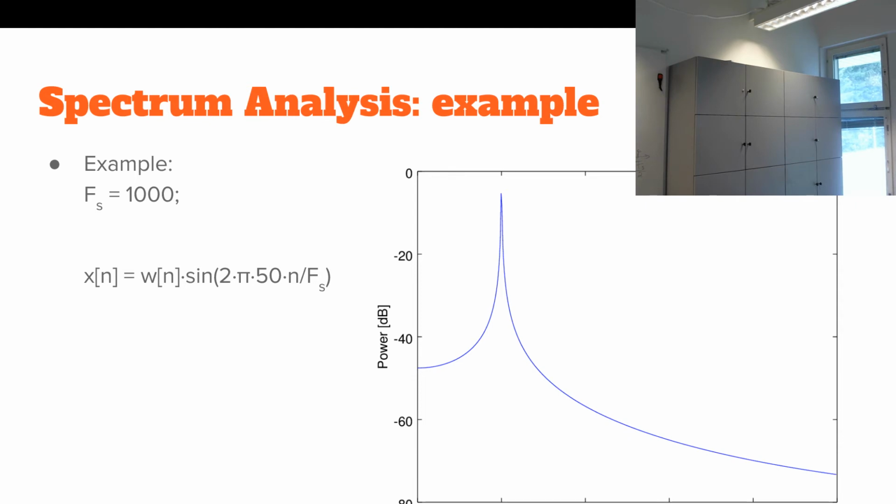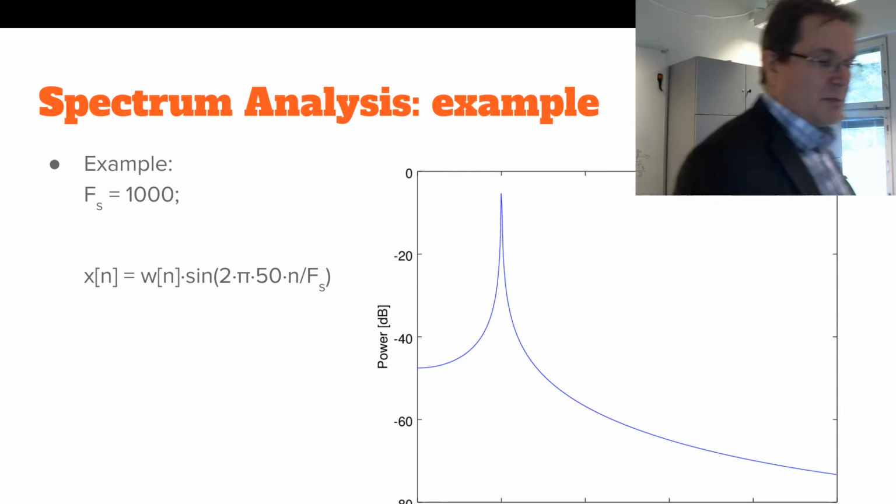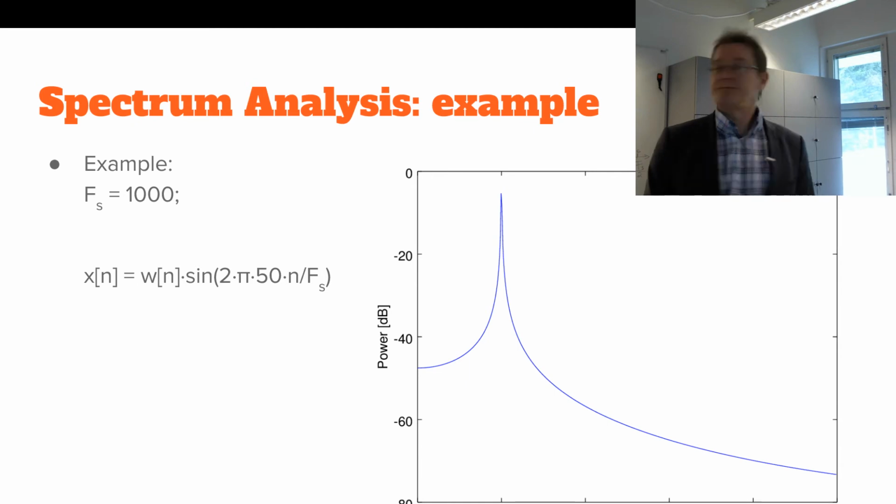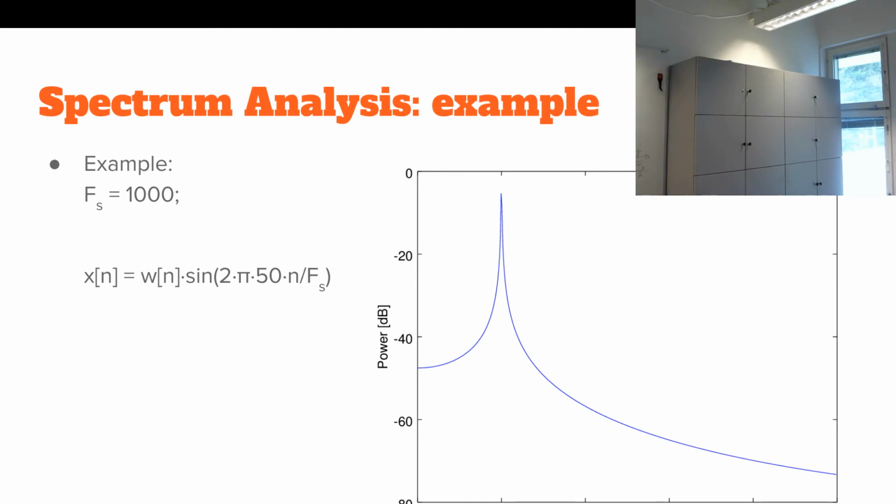This was Fs over 2, which is also minus Fs over 2 right here. But anyways, when you are calculating the FFT, you will get the whole sample of the same amount of values on the output. You just need to make this kind of mapping to show the first half of it. So this is where we are really interested.